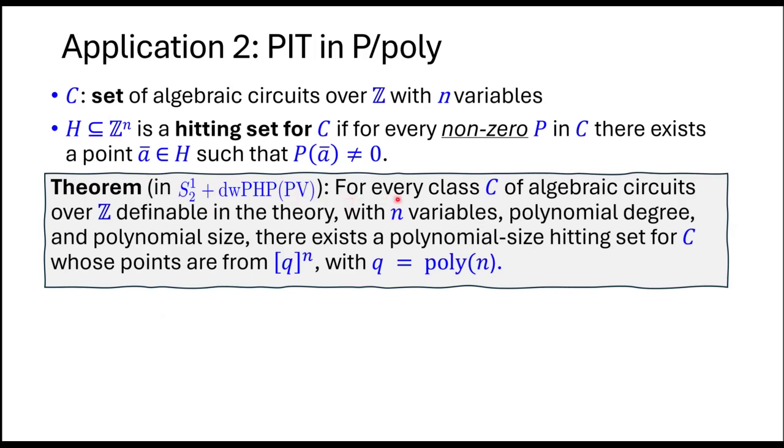The theorem says the following: for every class C of algebraic circuits over Z definable in the theory, that's some technical definition, of algebraic circuits with n variables, polynomial individual degree and polynomial size (syntactic polynomial individual degree, which also gives a polynomial total degree), there exists a polynomial size hitting set for C whose points are from [Q] to the n, remember it's 1 to Q, with Q small, polynomial in the number of variables.